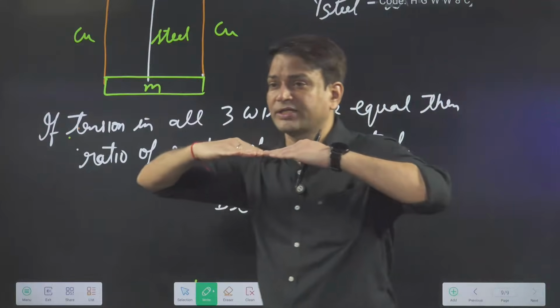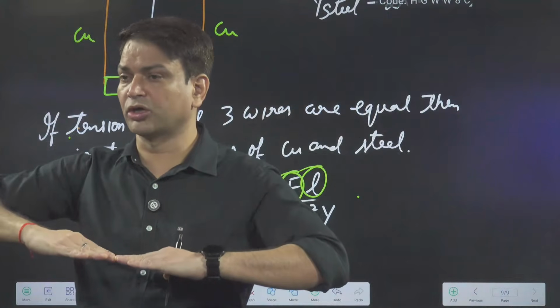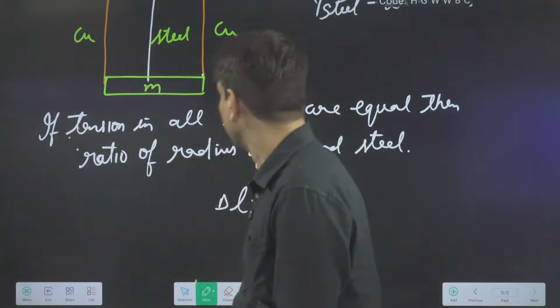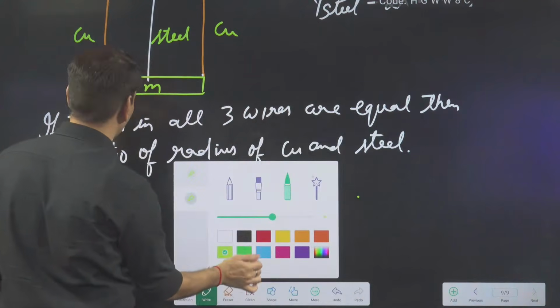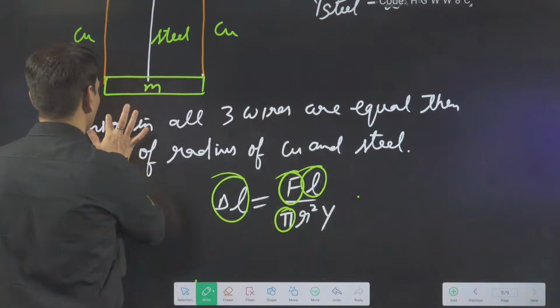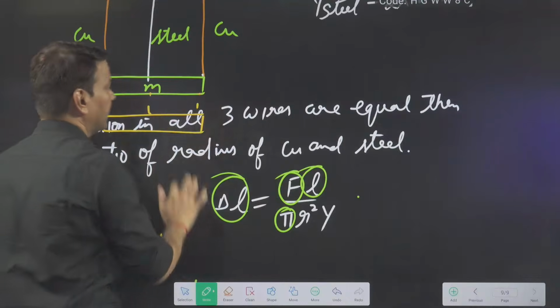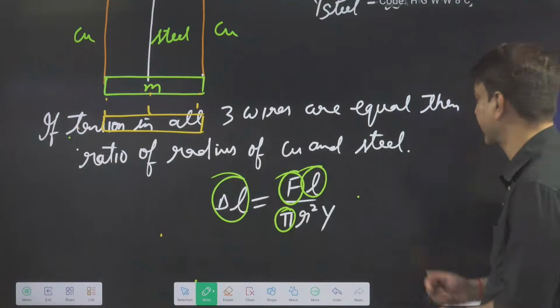In parallel combination, what will happen? Suppose this block is suspended, then after elongation also it will be horizontal, which means elongation in all the 3 will also be equal, so delta L is also the same, because ultimately after elongation it will be like this. Now delta L same, F same, L same, pi constant.